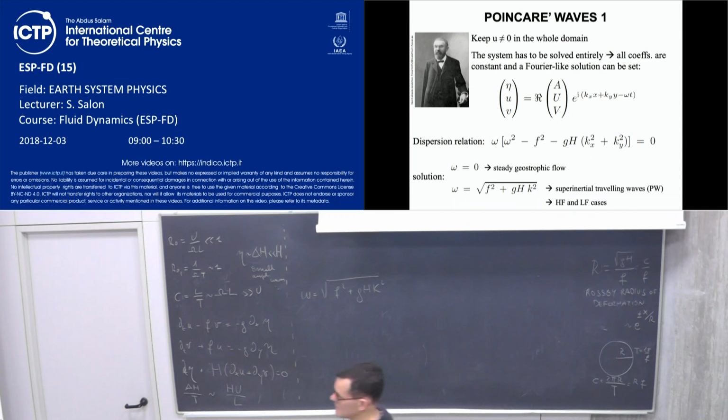So it is the composition of the two wave numbers, okay, along x and along y. And since this term is always positive, it means that omega is always larger than f. Okay? That's why we call them superinertial traveling waves. So Poincare waves are superinertial traveling waves.